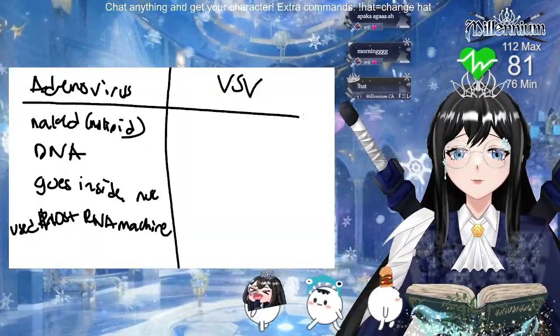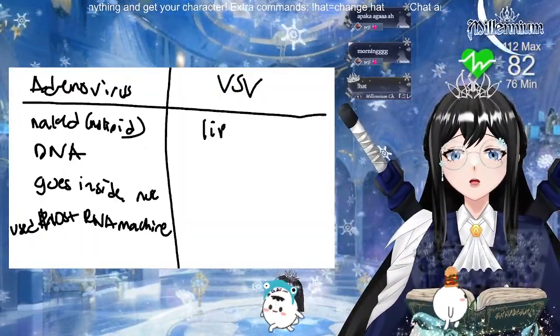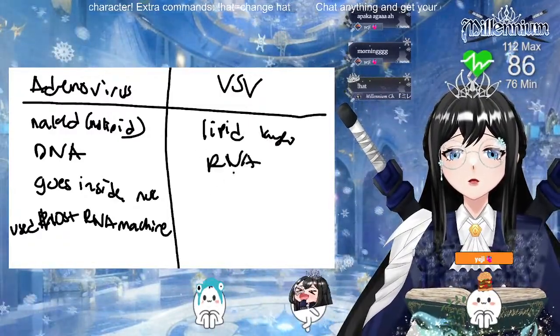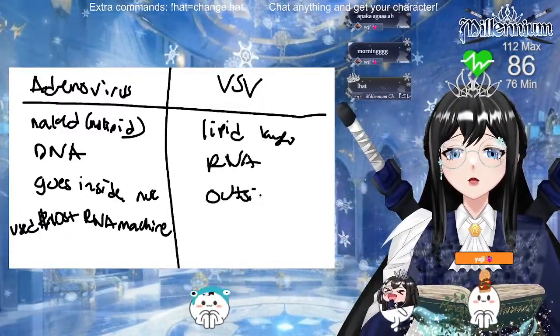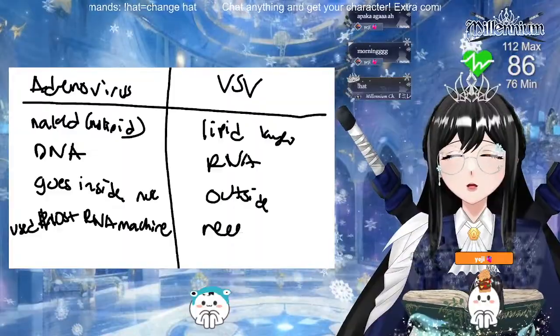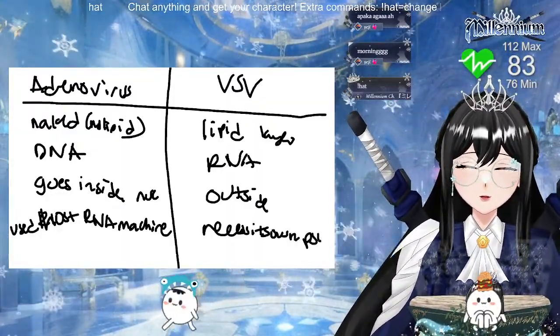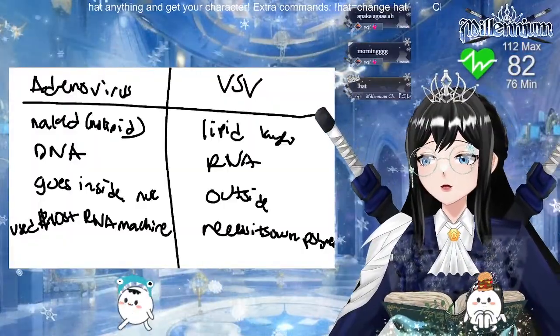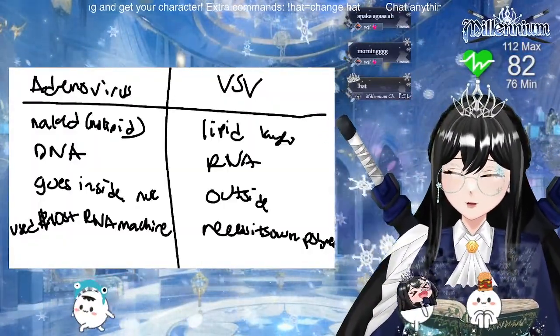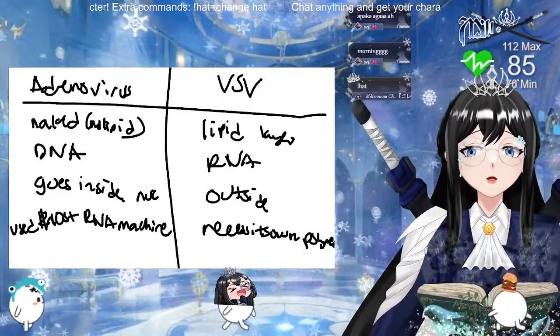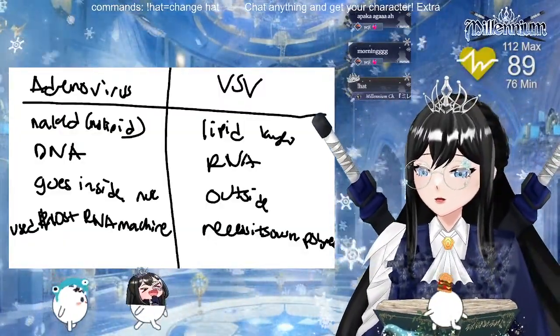Meanwhile, VSV has a lipid layer, uses RNA, it stays outside, and it needs its own polymerase. Okay, don't forget that one. I will also picture the table. Wait. There you go. Photo taken.